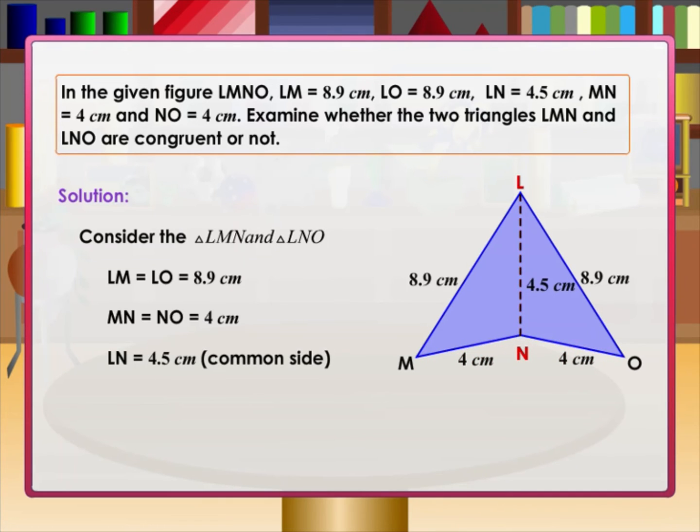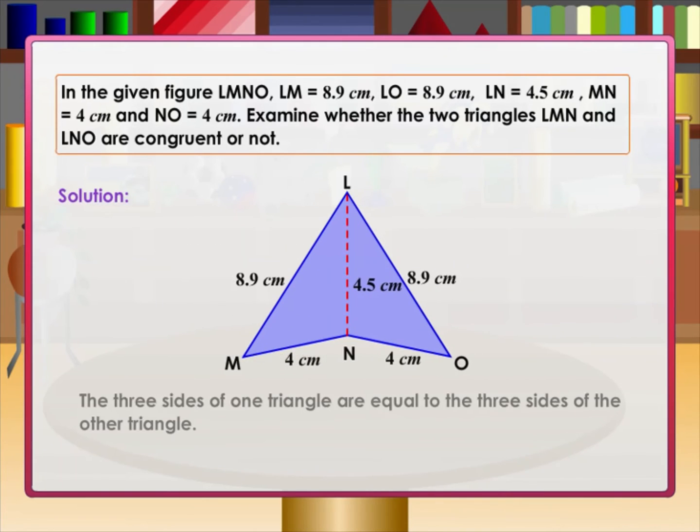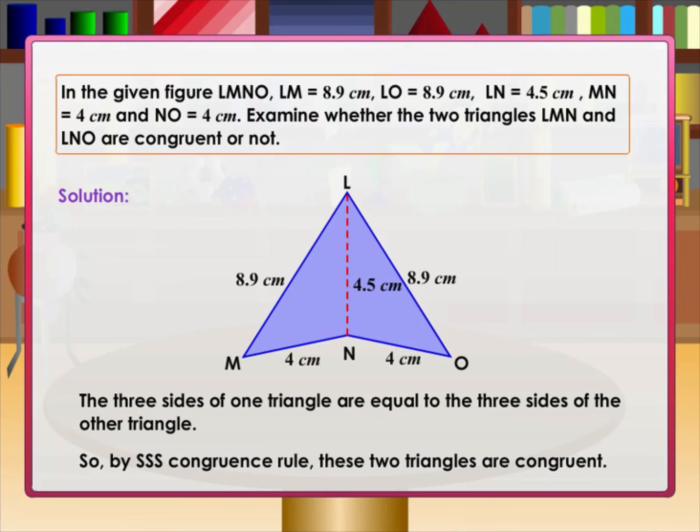LN is the common side, which is equal to 4.5 cm. By observing these measures, the three sides of one triangle are equal to the three sides of the other triangle. So, by SAS congruence rule, these two triangles are congruent. Therefore, triangle LMN is congruent to triangle LNO.